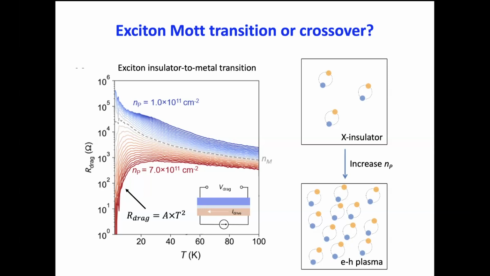Once you cross some critical density, we call it the Mott density, you can see that the system can suddenly become like a metal, with the drag resistance scaling as T-squared with a coefficient A here. So this really looks like there is a Mott transition from excitonic insulator to an electron hole plasma. But the really important thing is that we analyze how this A coefficient scales with the pair density.